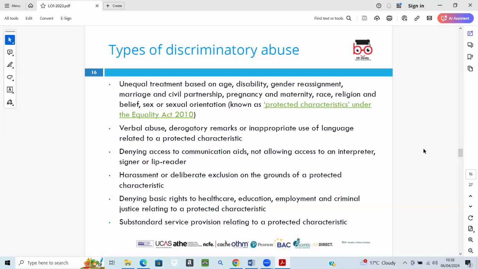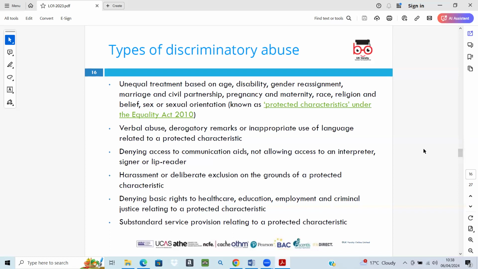Most of the time when you search for information on Google or any other search engine, they might give you the old act, written as Health and Social Care Act. As a student, we should know the latest version of the act or the law. So please always double check that whatever legislation you are referring to is the updated one.